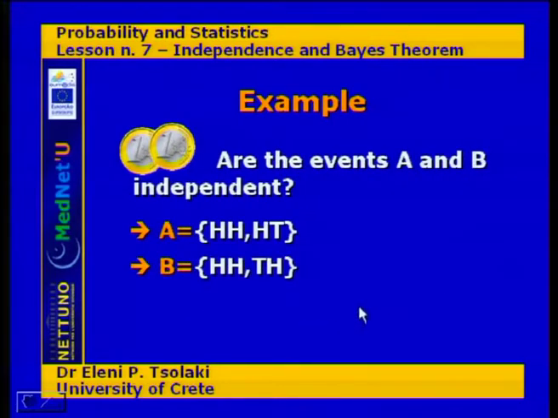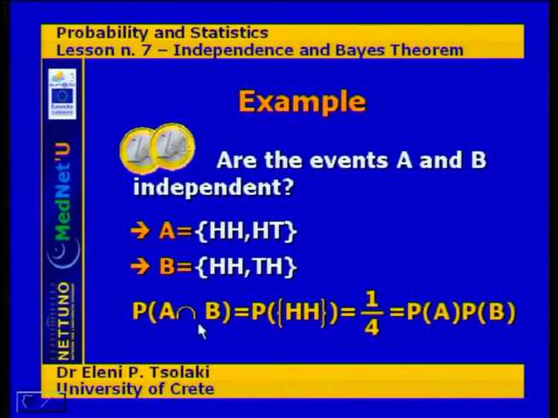So we have that also the probability of A intersection B, which is the probability of the outcome head-head. We see that the intersection of these events is only the outcome head-head, the common outcome.